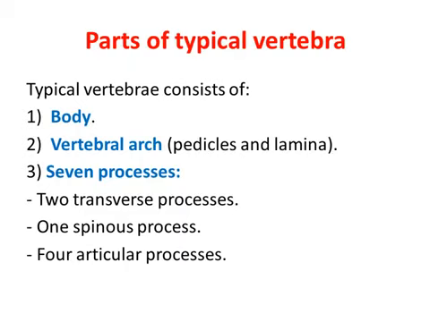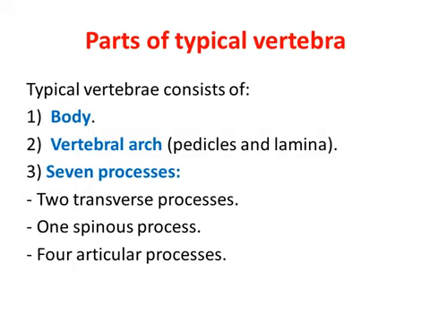Parts of typical vertebra. بالنسبة للأجزاء المكونة للفقرة typical vertebrae consist of body تتكون من جزء يسمى الجسم. Second, vertebral arch القوس الفقري which consists of two parts. The first part called the pedicles and the second part is the lamina.